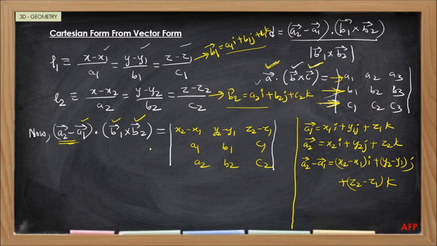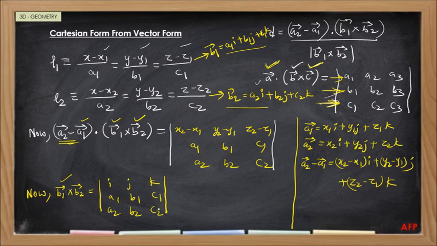So now the denominator. Okay, next, the denominator, how to write? B1 cross B2, how to find? First i, j, k. Next the coefficients of the first row, that is a1, b1, c1, and a2, b2, c2.